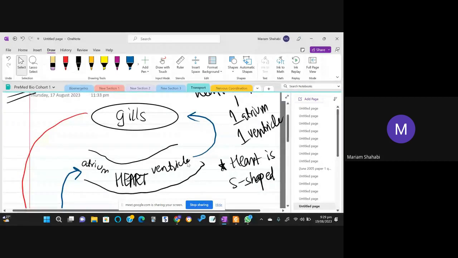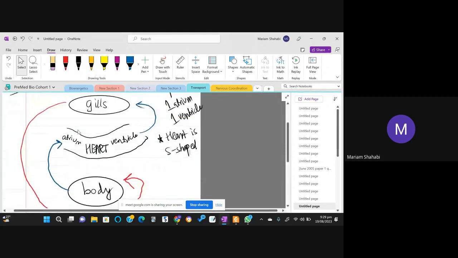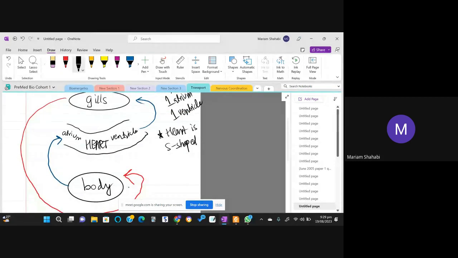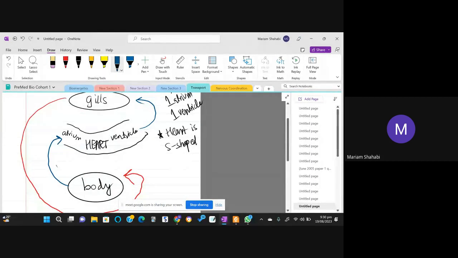So what happens is that they have gills. Just as we have lungs, they have gills for oxygenation. Then they have the heart, and this is like the rest of the body. So what happens is that from the body, what sort of blood would this be? This would be deoxygenated blood. This is deoxygenated blood.